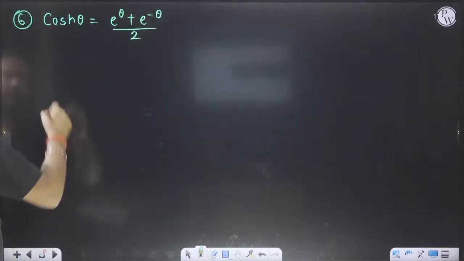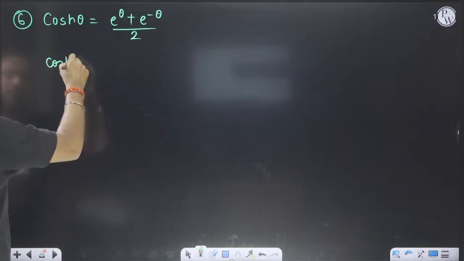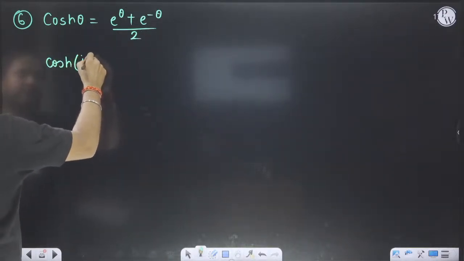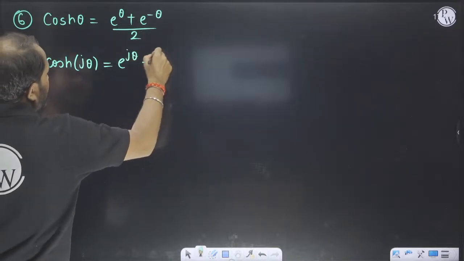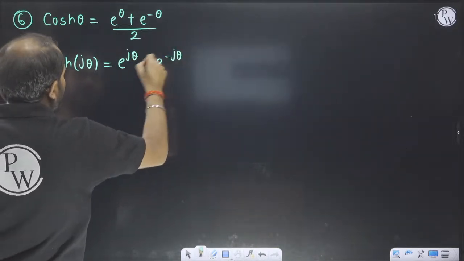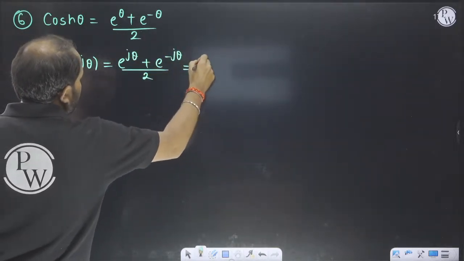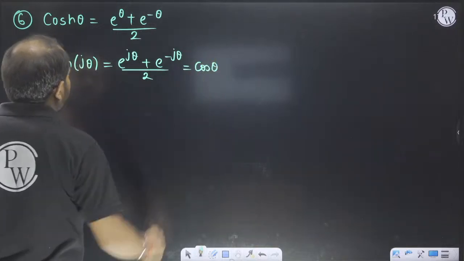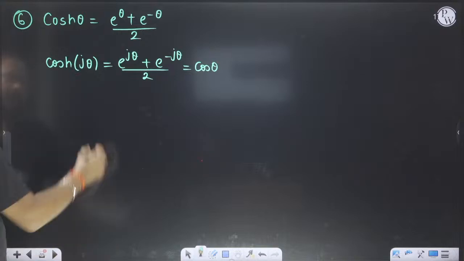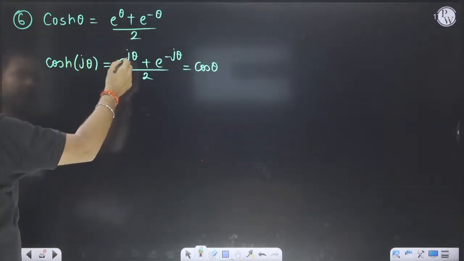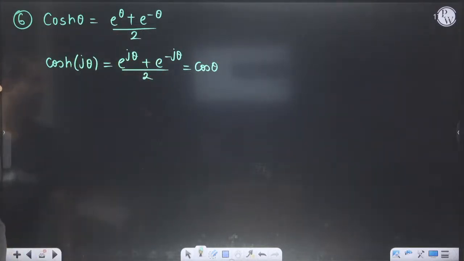Then I will ask what is cos hyperbolic j theta. It will be e to the power j theta plus e to the power minus j theta divided by 2, so it is cos theta, because in place of theta I replace j theta.